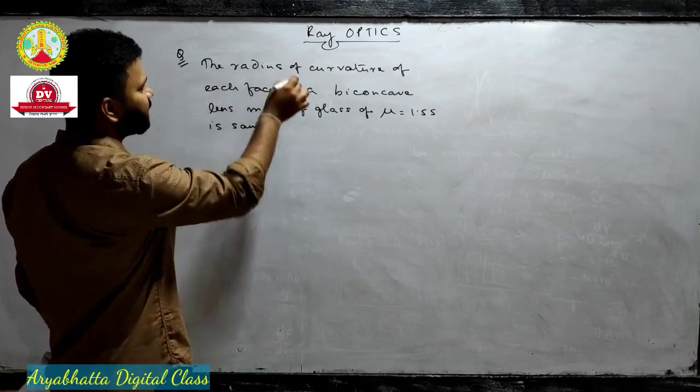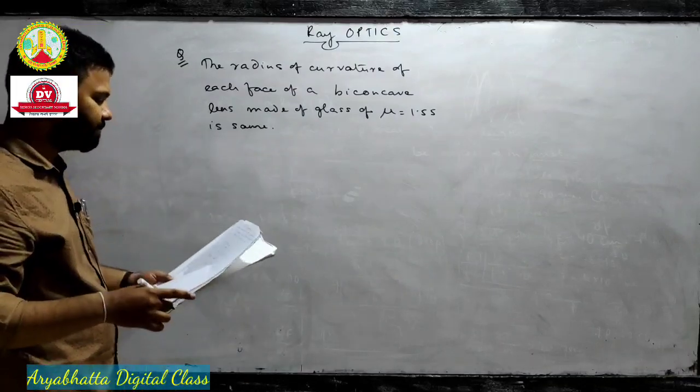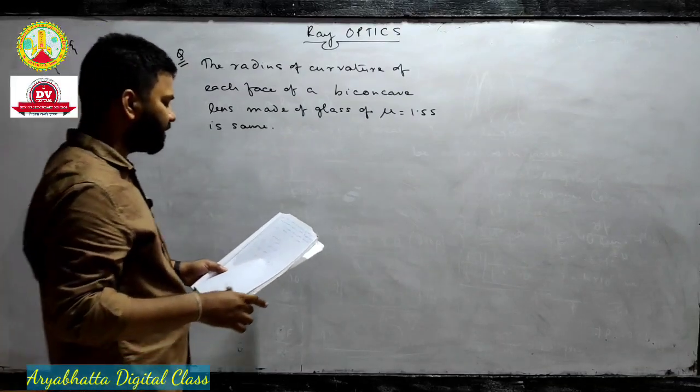That is, the radius of curvature of two surfaces are same. Calculate the radius of curvature.